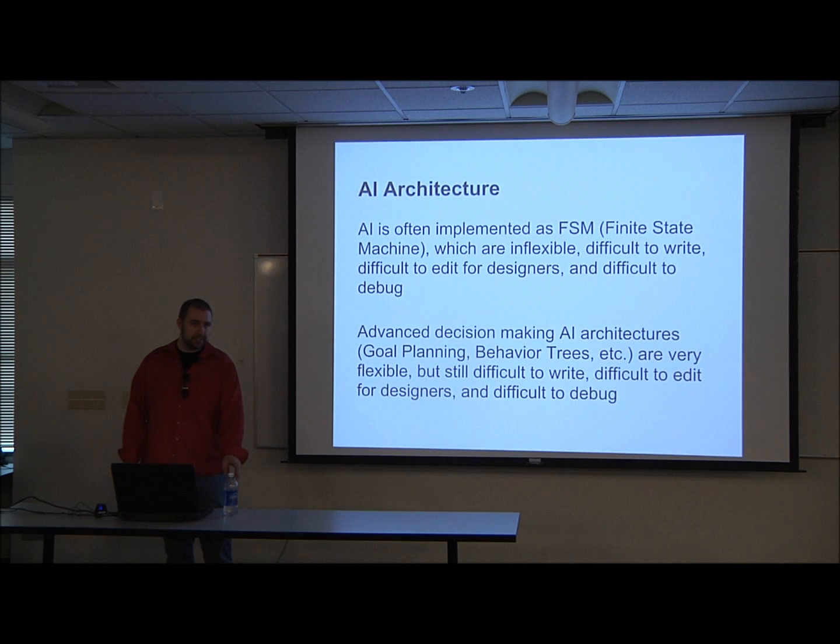And then on the other hand, there's these super advanced systems. You'll see things like goal planning, behavior trees, really complicated high power architecture for AI. That can actually be quite successful. Behavior trees are pretty popular right now, especially with first person shooters. You've got these very human-like characters that have to do all these really crazy animations to feel like real people. But most games don't need that.